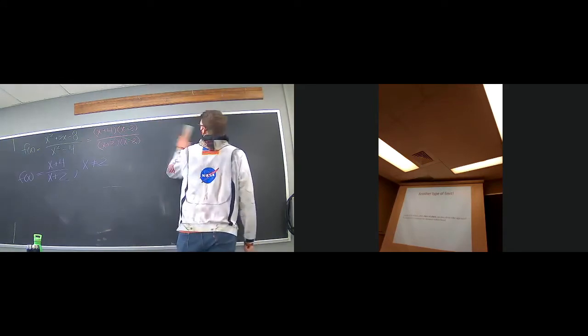Now let's take a moment to apply this to something we're familiar with. Let's just evaluate the limit as x approaches infinity and -infinity on f of x equals 1 over x.